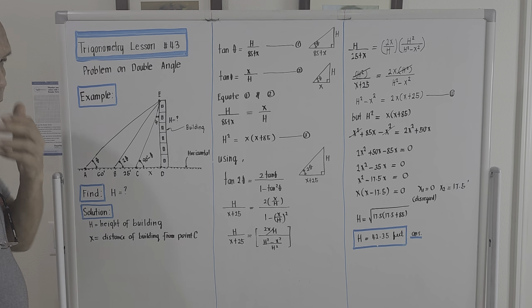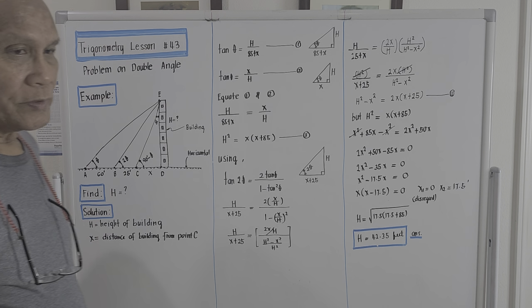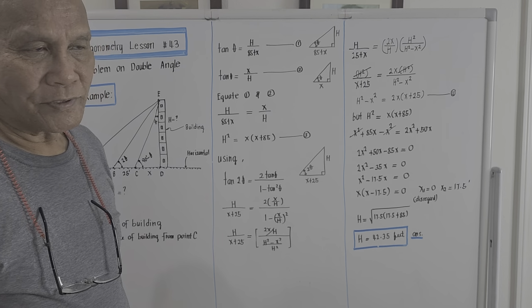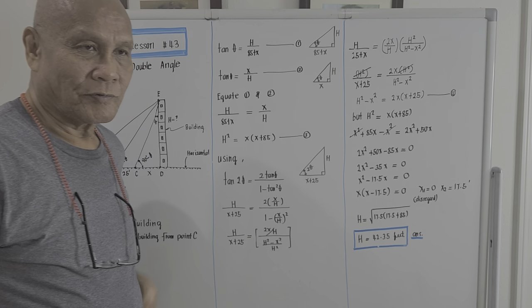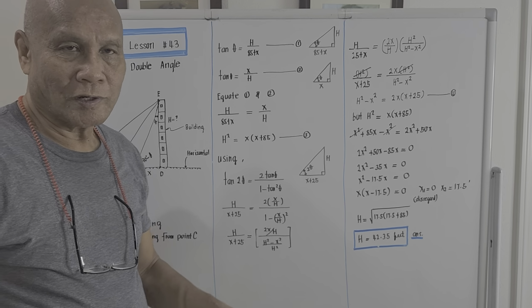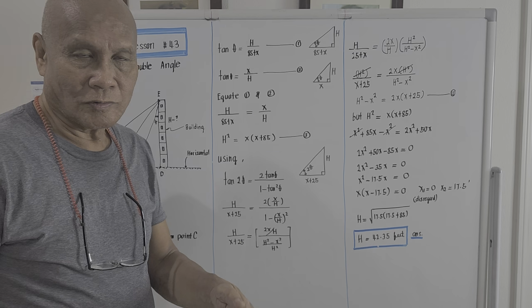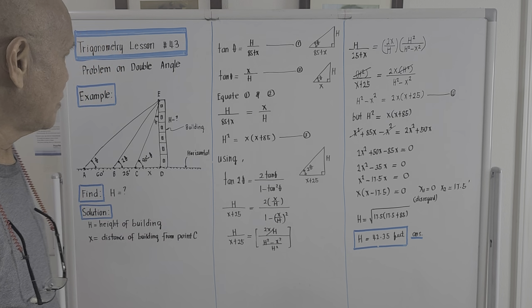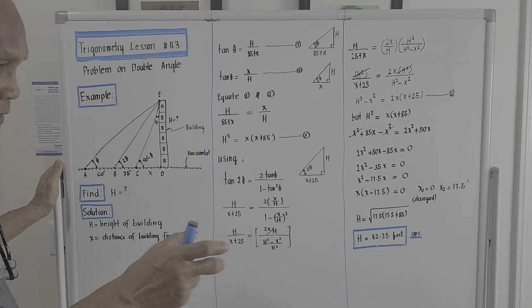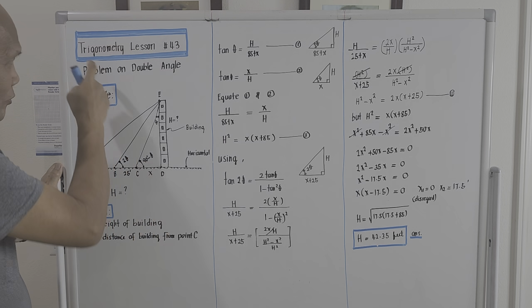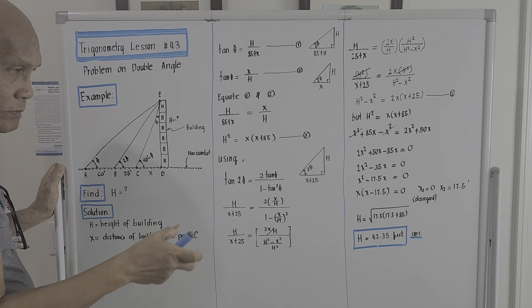We are almost done with trigonometry, I think 85% or 80%, except for the sine law and cosine law that involve the solution of oblique triangles.